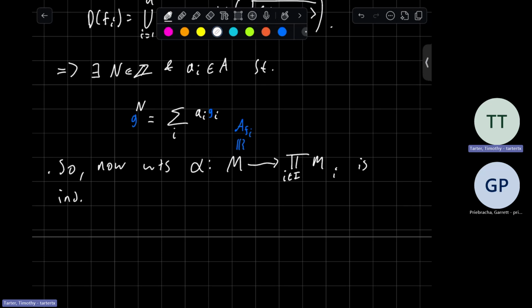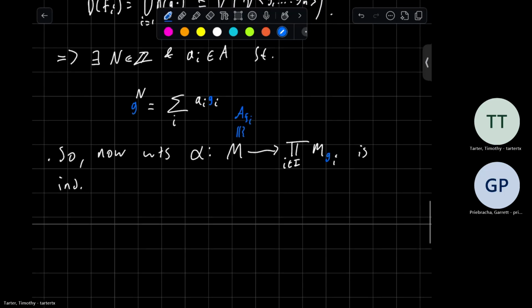So now we want to show that this is injective.